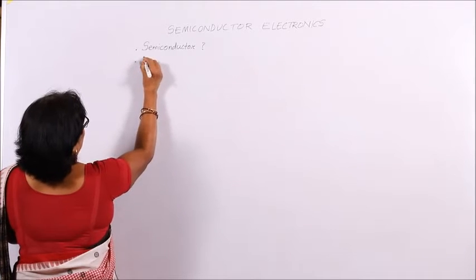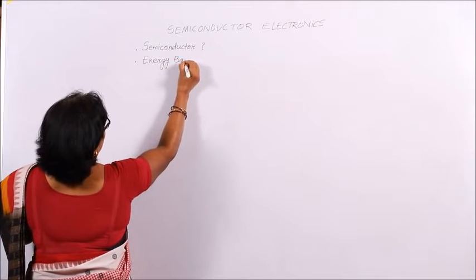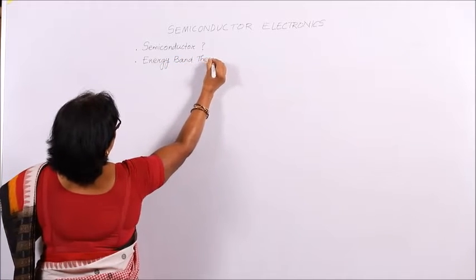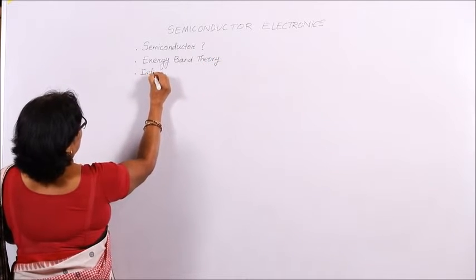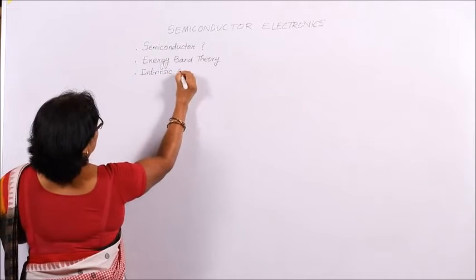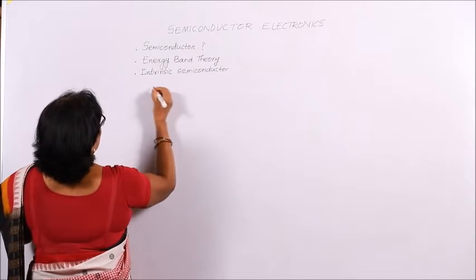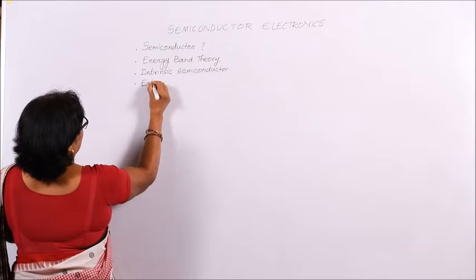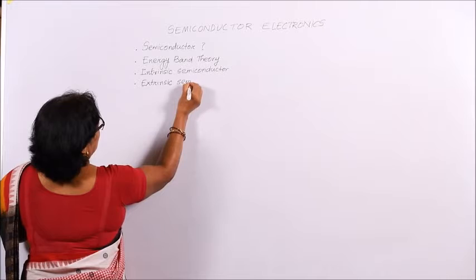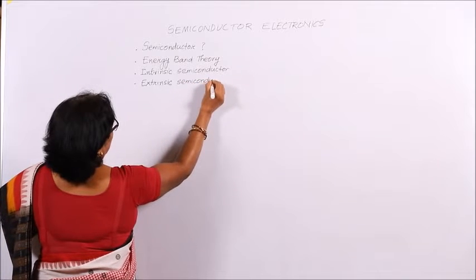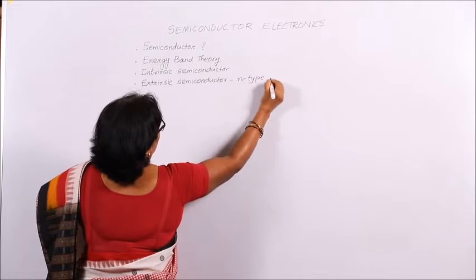Then the energy band theory, thereafter the basic intrinsic semiconductor, then we will move over to the extrinsic semiconductor, which are impure semiconductors, and among these extrinsic semiconductors, mainly the N-type and the P-type.